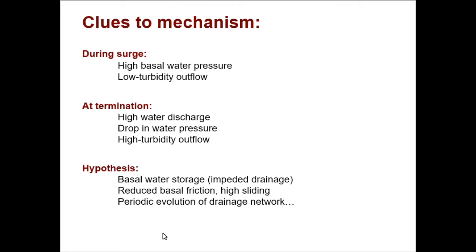That should sound familiar to you, because that's what Cam was talking about in that 1987 paper, these linked cavities. In a linked cavity system where the water can't escape very quickly, we're going to be talking about increases in basal water pressure and reductions in friction, whereas with a very efficient channelized or tunnel-based outflow system, the water can escape quickly, and we're not going to be building up that high basal water pressure.